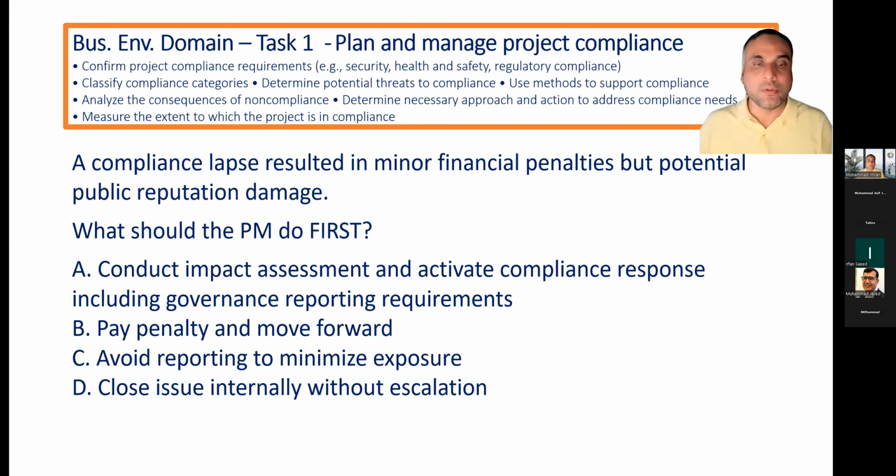Very good. Next, a compliance lapse resulted in minor financial penalties, but potential public reputation damage. Because one thing can spoil the whole. What should the PM do first? Conduct impact assessment, pay the penalty and move forward, avoid reporting, or close the issue.